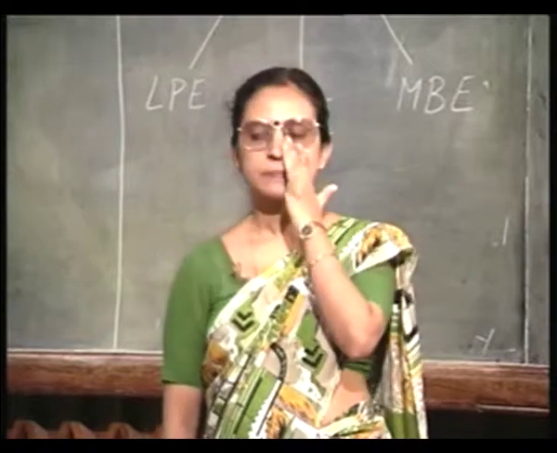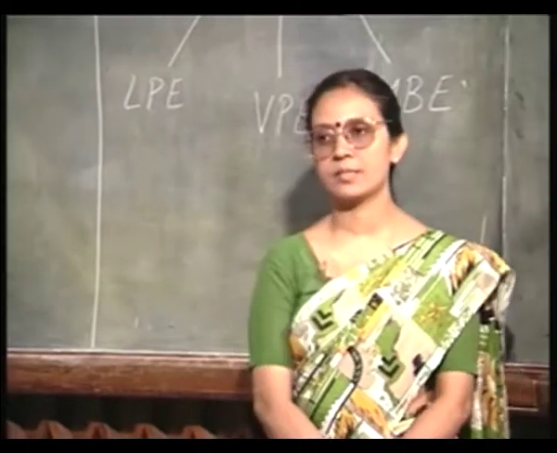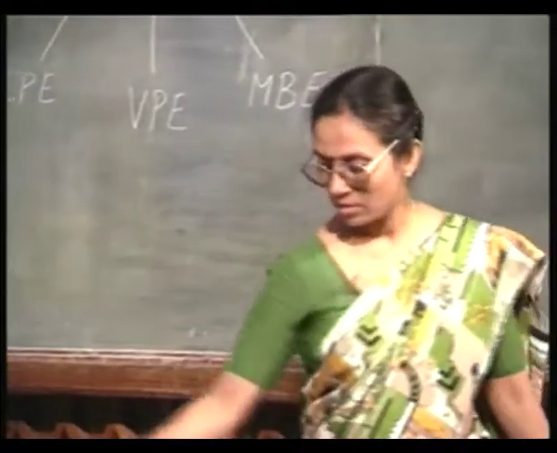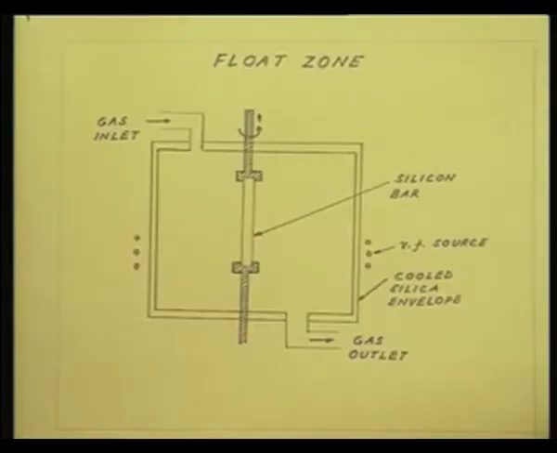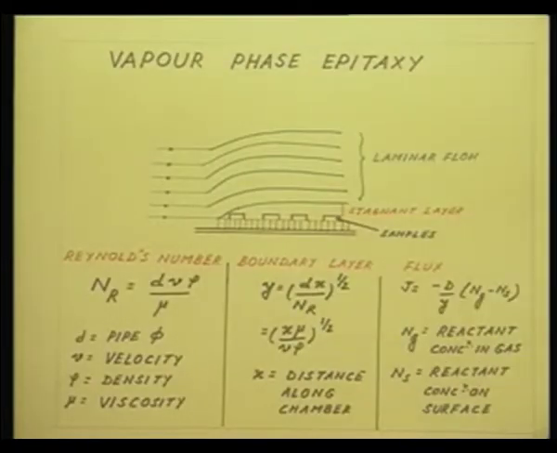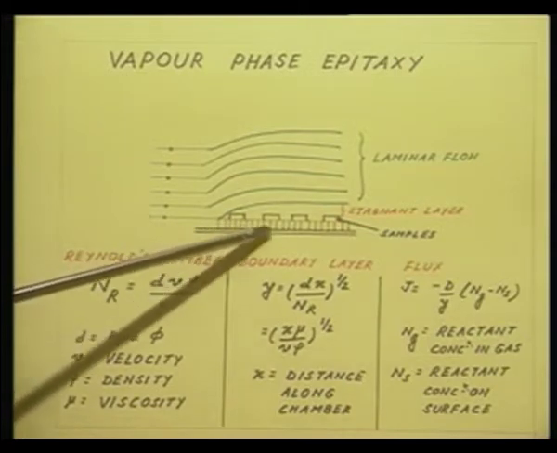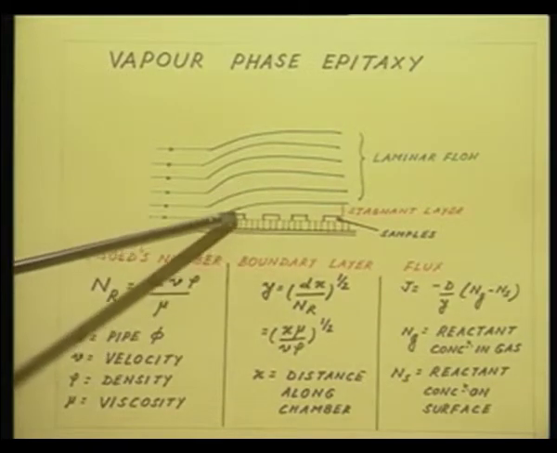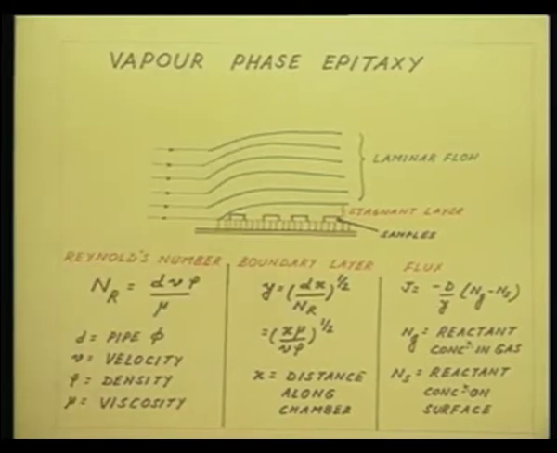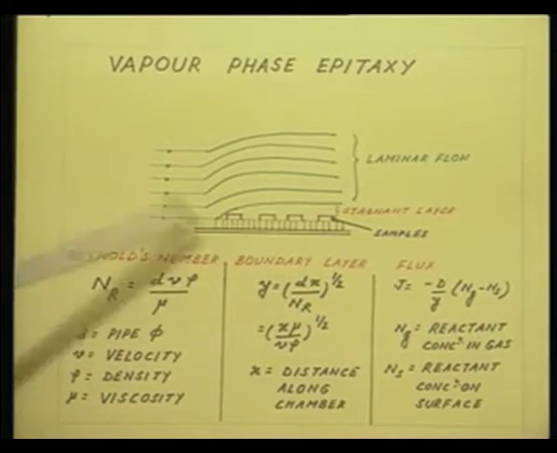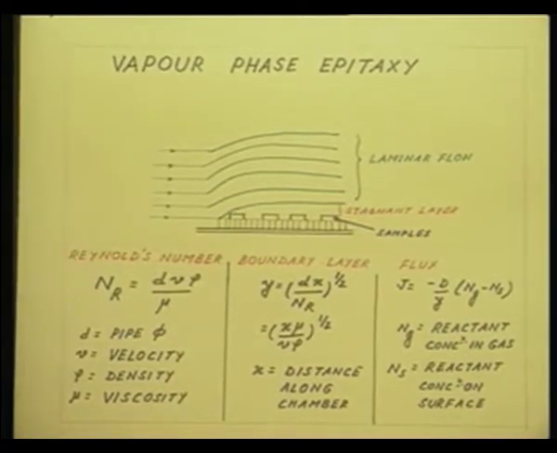Can we have the next chart please? Essentially this system is very simple. You have a sample holder with a few samples placed on top of it, and you have a flow of gas.